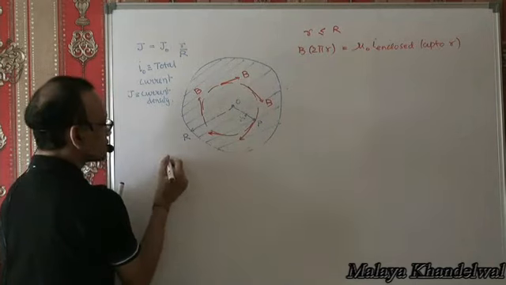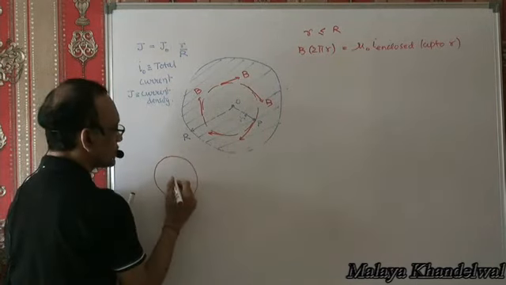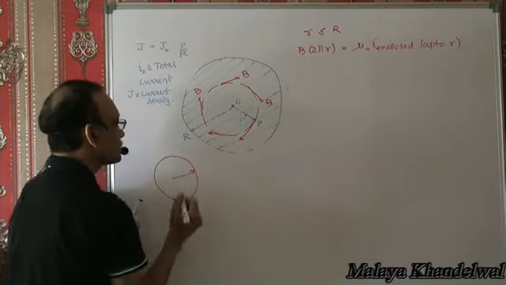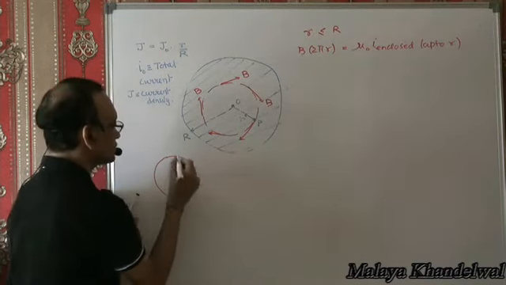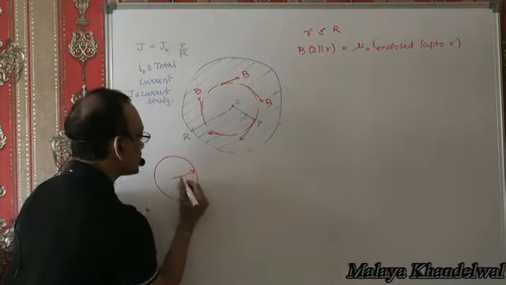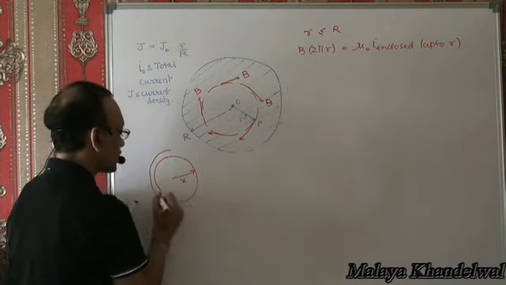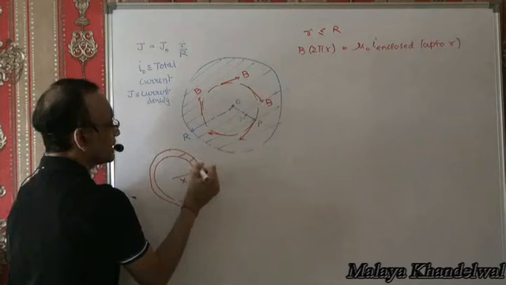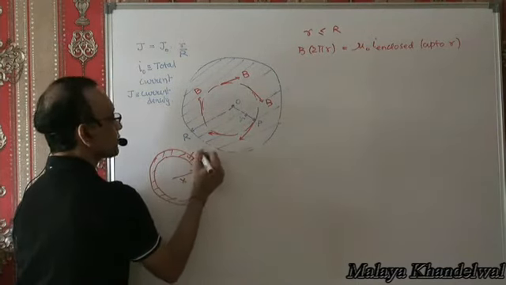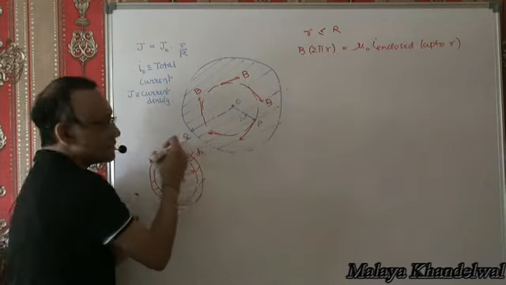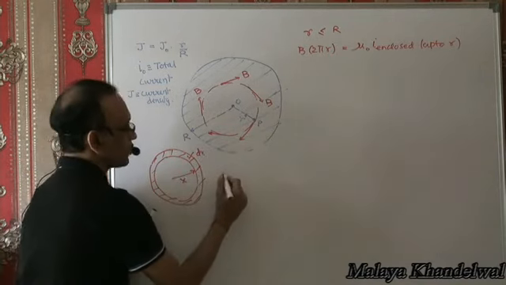What I do is, within this cross section, suppose I had to look at a radius small x, within the small r, and of thickness dx. Then the current flowing through this is going to be what?